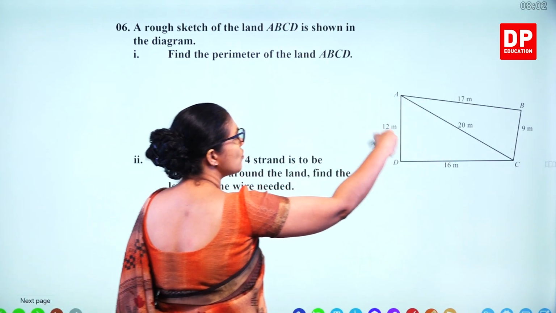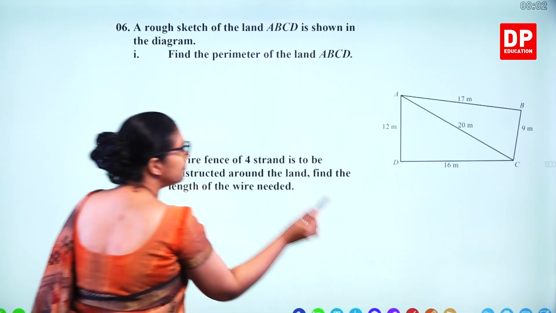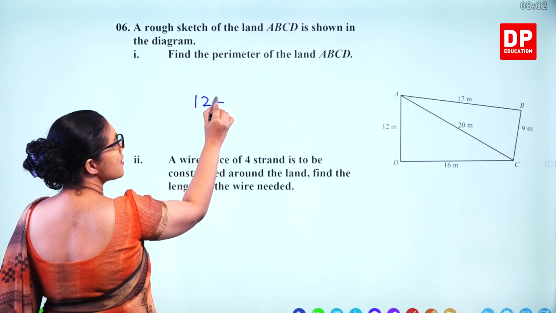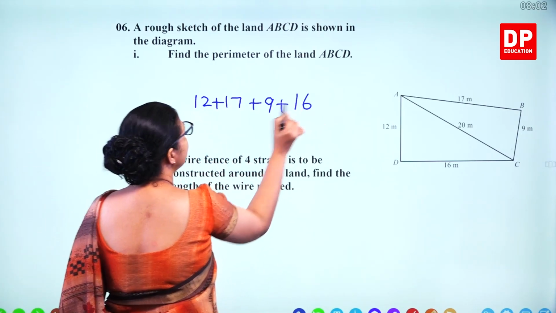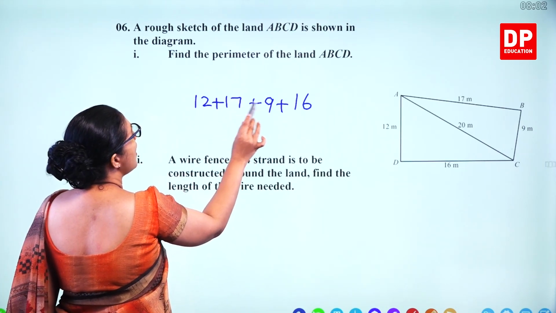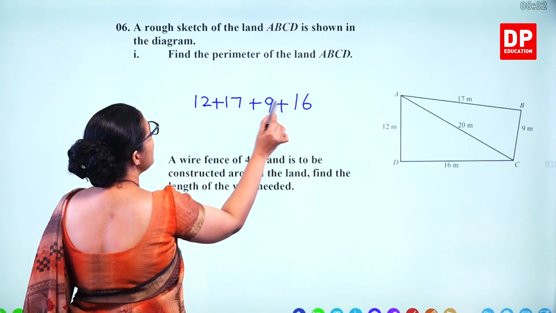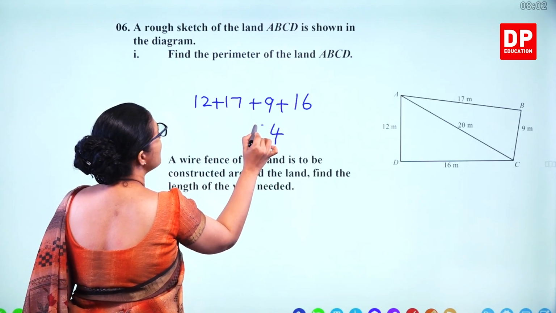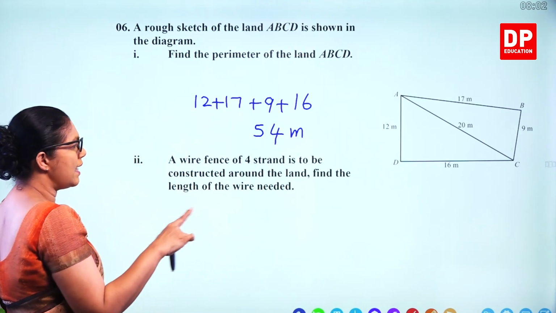So outer length, you can just add it. 12 plus 17 plus 9 plus 16. 9, 9, 18, 24, 3, 4, 5. 54 meters is the perimeter, outer length.